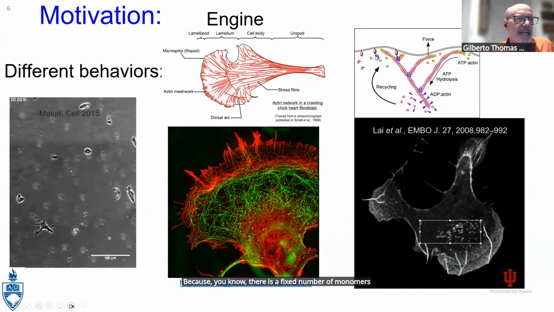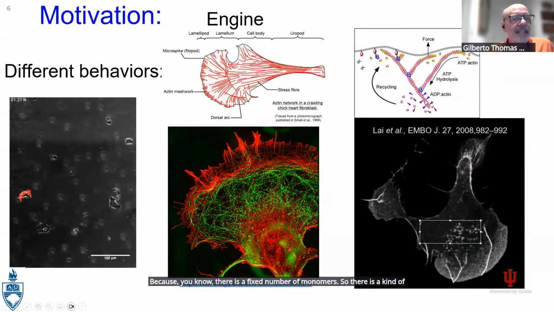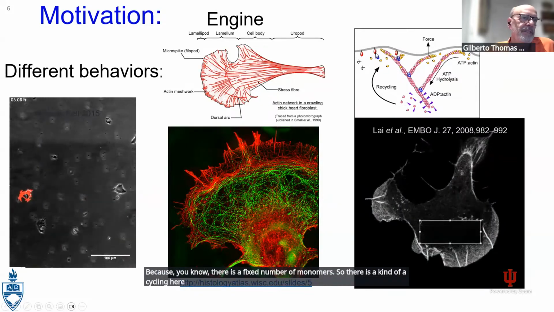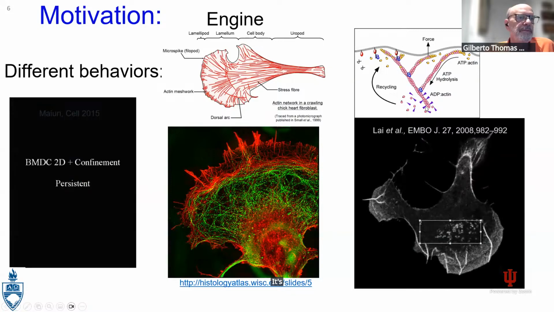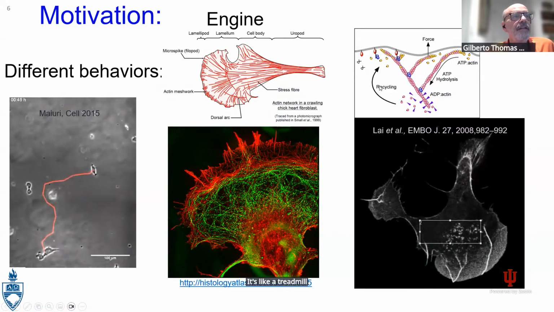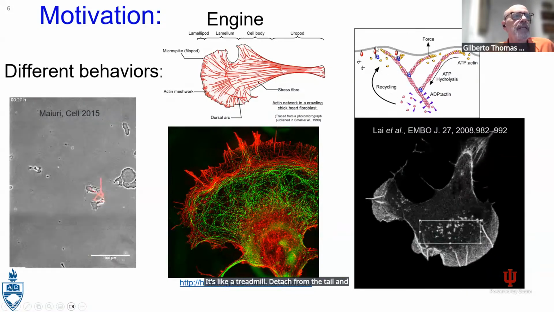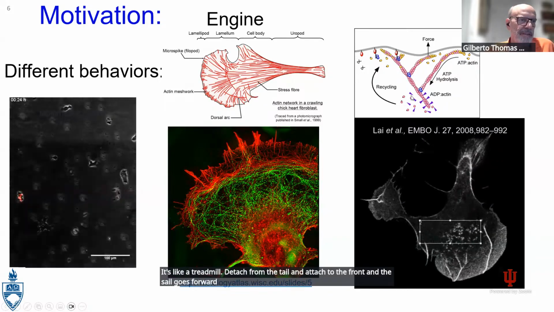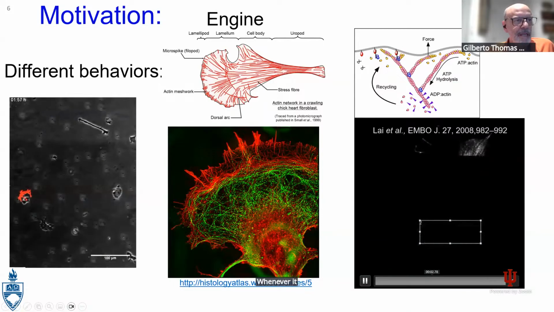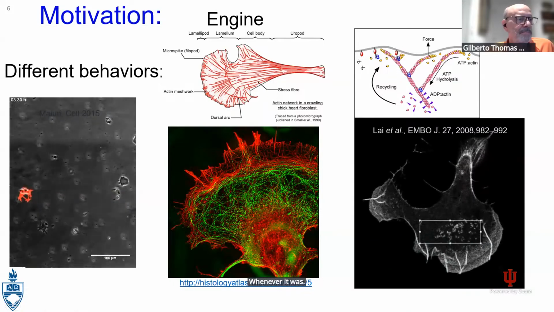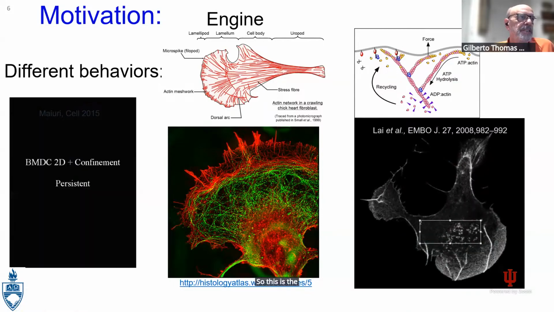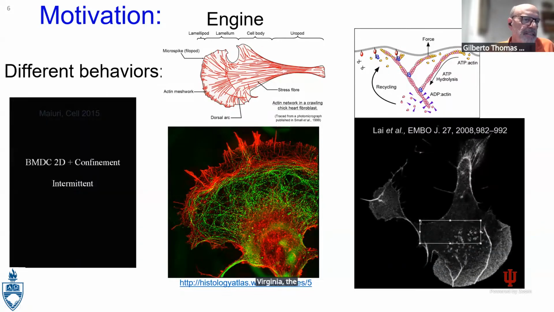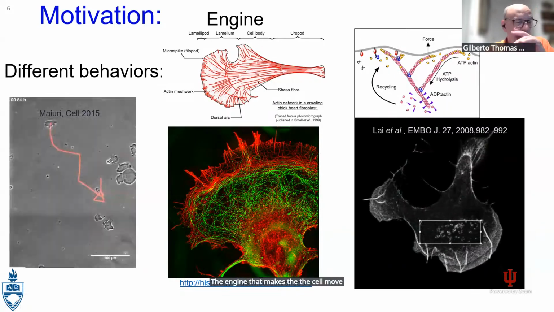So there is a kind of recycling here, like a treadmill: detached from the tail and attached to the front, and the cell goes forward. This is the main machinery, the engine that makes the cell move, the lamellipodial movement.